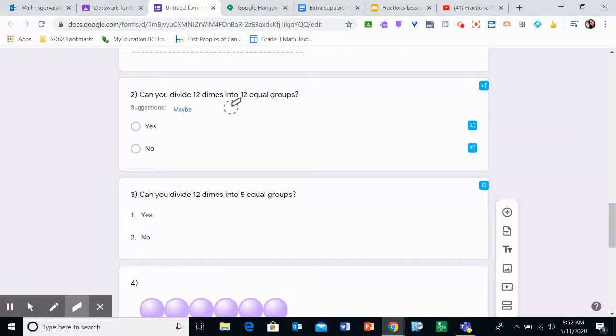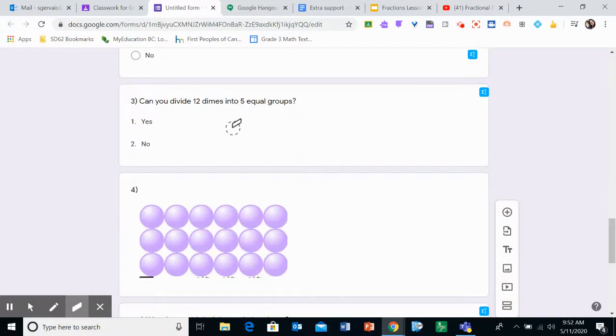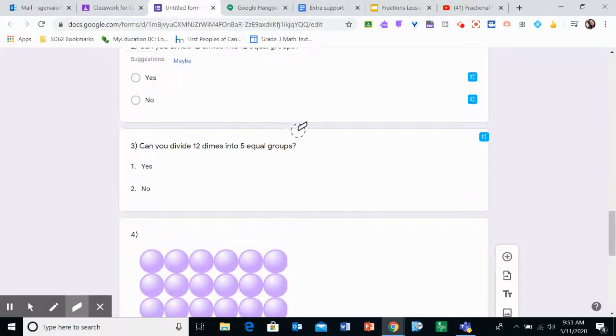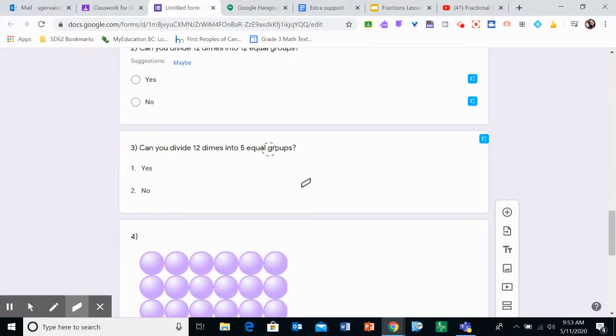Can you divide 12 dimes into 12 equal groups? Yes or no? Feel free to draw a picture if you like. Can you divide 12 dimes into 5 equal groups? When I think of equal groups, I always like to take the number that they're talking about, and I like to count by that number. So if you were to count by 5s, would you land on 12? 5, 10, keep going.